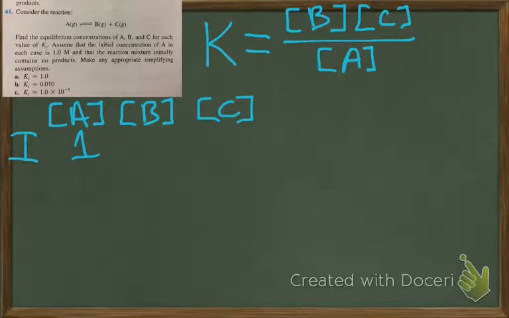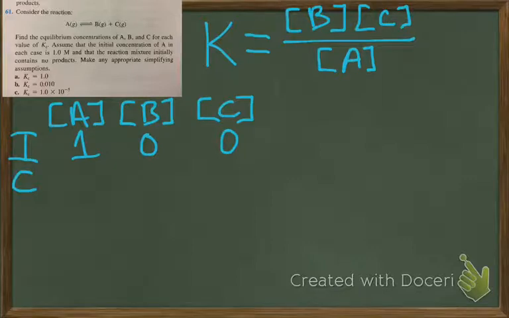Not number B, letter B, chemical B. It says right here, the reaction mixture initially contains, so what's my concentration of B at the beginning? 0. Okay?